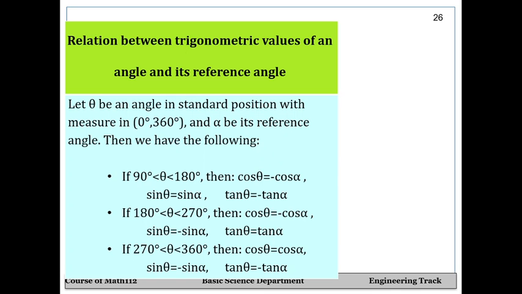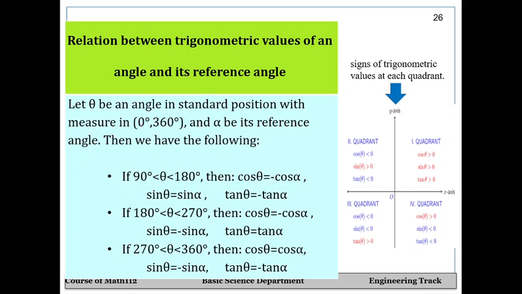Okay, we reached the main point in the slides. The main information you will get here is the relation between the trigonometric value of an angle and its reference angle.